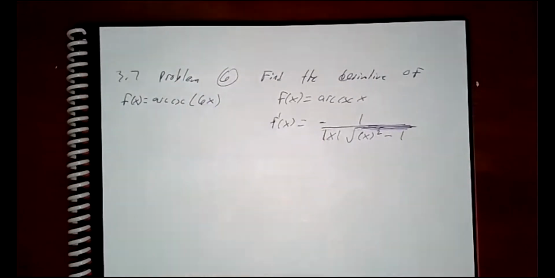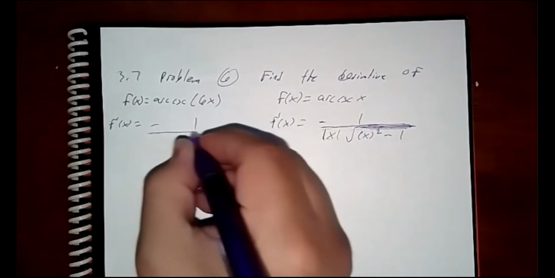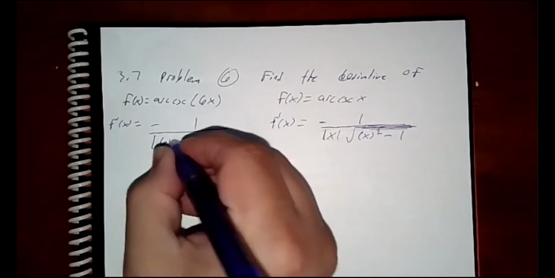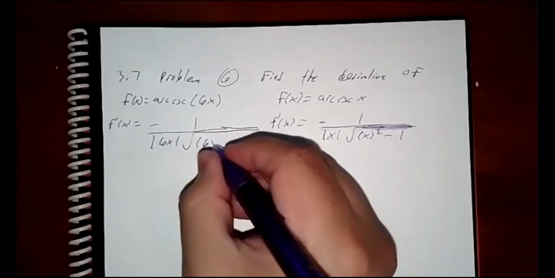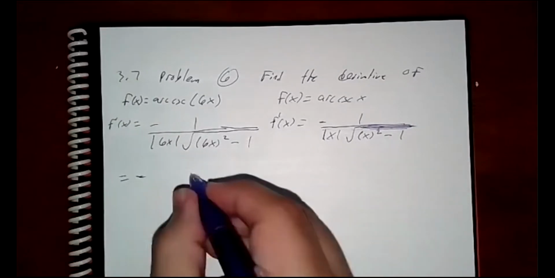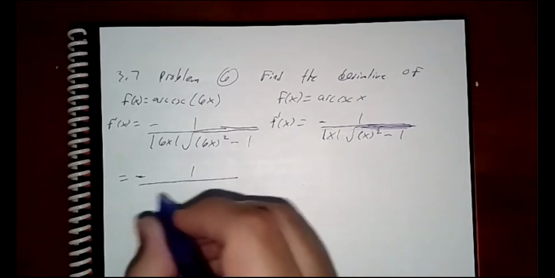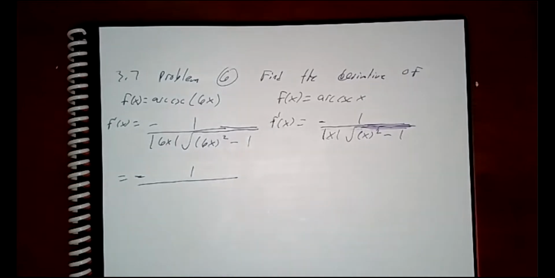So our x is 6x. So the derivative will be negative 1 over the absolute value of 6x times the square root of (6x) squared minus 1, which will be negative 1 over actually, hold on, let me double check the formula before I go too far.